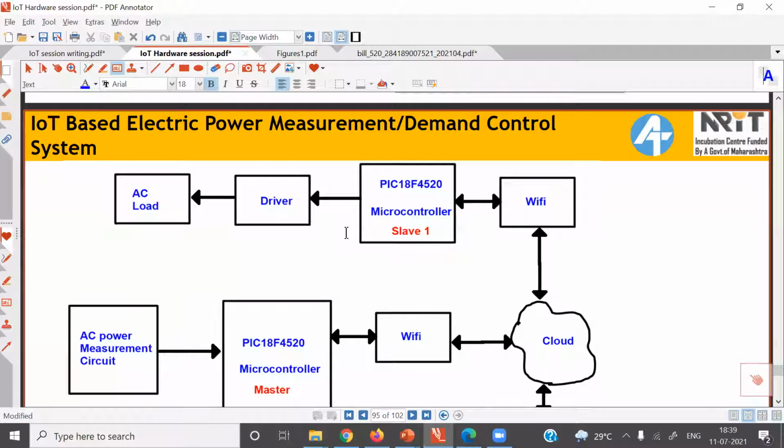So during peak hours, if increased kVA demand is detected with the help of the master, and that information is put on the cloud, then slave devices can continuously check the current power consumption of the organization.